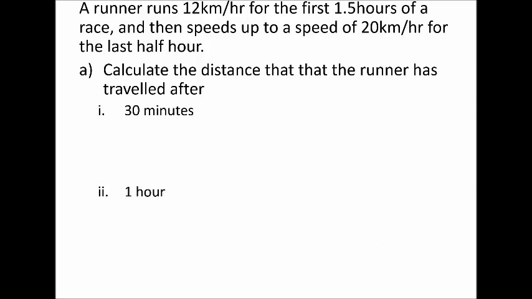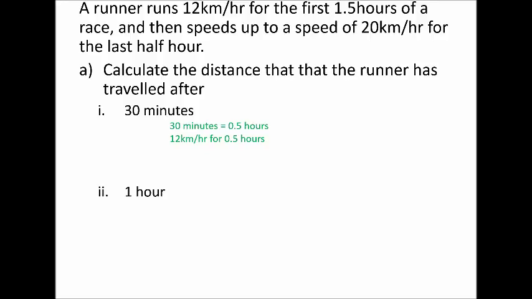So part A, calculating the distance that the runner has traveled after, start with 30 minutes. Well, first of all, 30 minutes is half an hour. So they are traveling for half an hour at 12 kilometers per hour.